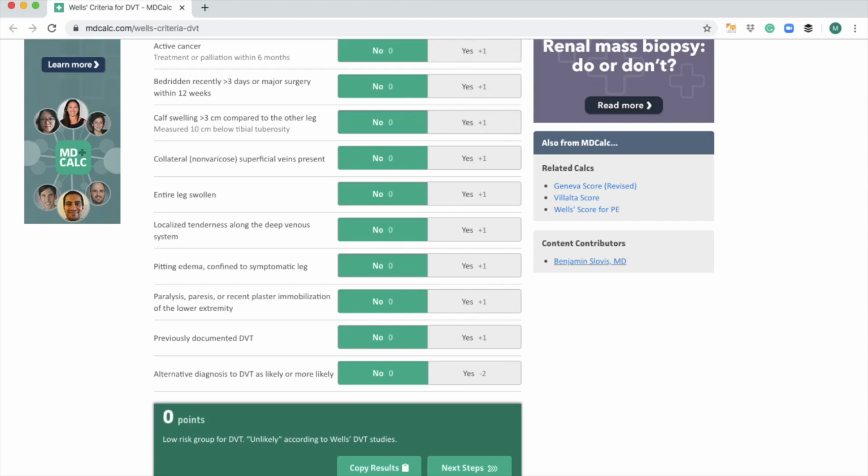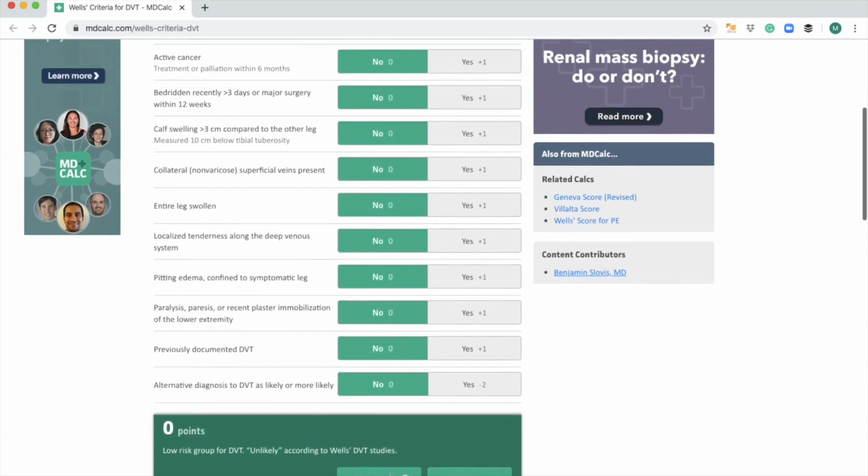So: active cancer, the patient being bedridden for more than 3 days or major surgery within the last 12 weeks, calf swelling measured 10 centimeters below the tibial tuberosity presenting with more than 3 centimeters difference, and collateral superficial veins being present, which are not varicose veins.